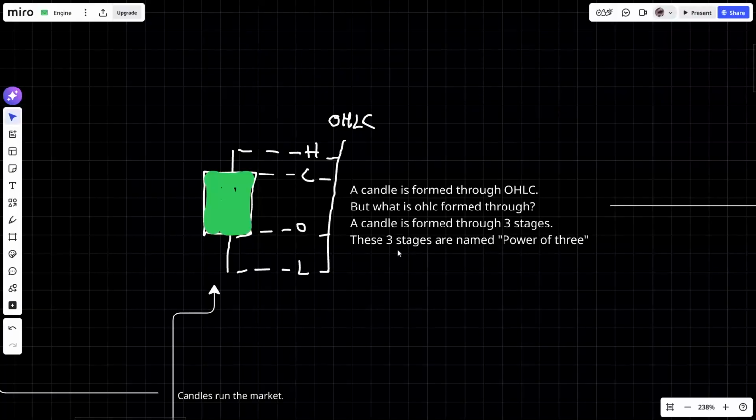So, for instance, we have 24 1-hour candles on a daily candle. If you go inside of a 1-hour candle, we have around how many? We have 12 5-minute candles.